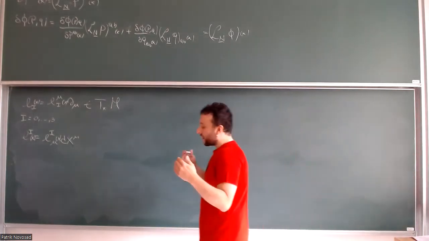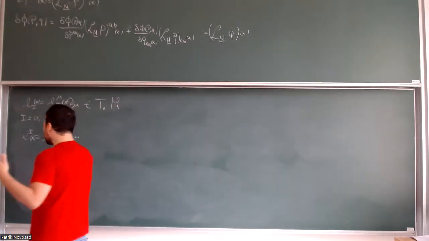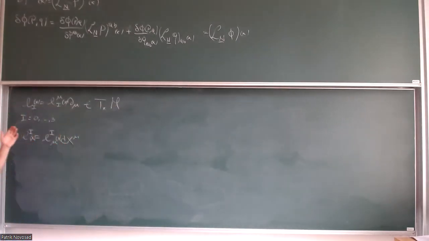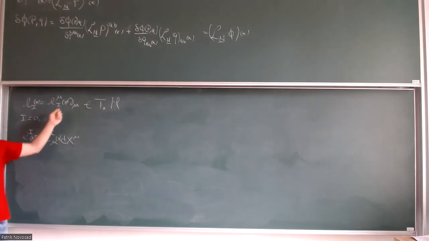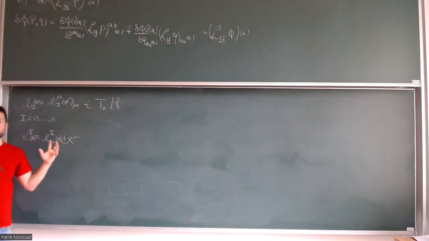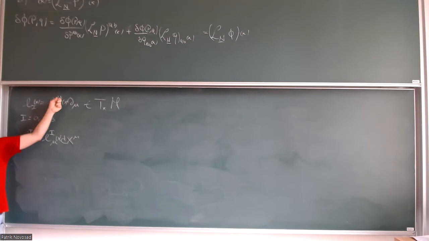Okay, and the orthonormality of such a frame depends on which index we are working on, in the sense that this mu is a space-time index, and this I is a Lorentz or internal index. So when we act with a transformation on the whole space-time, we are acting on this index.